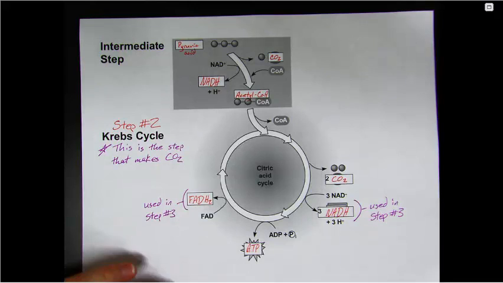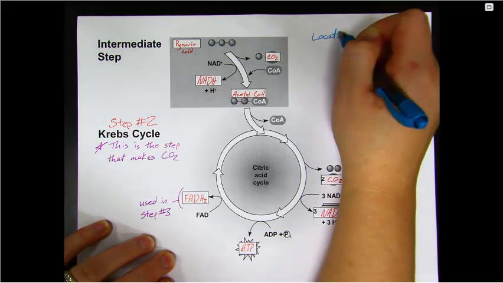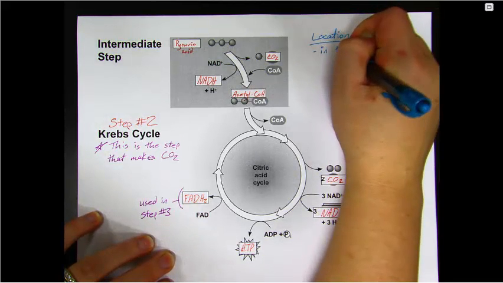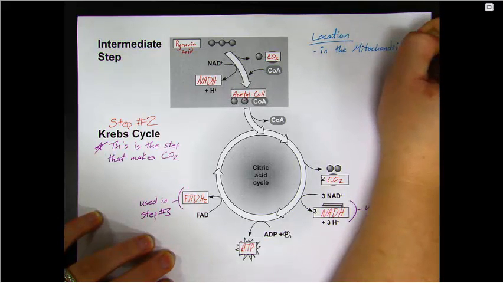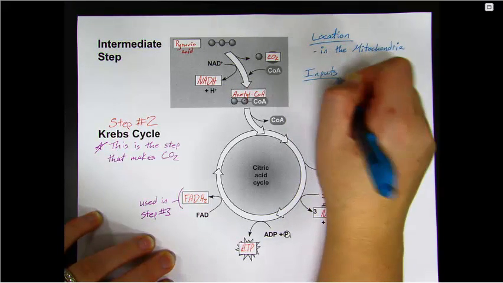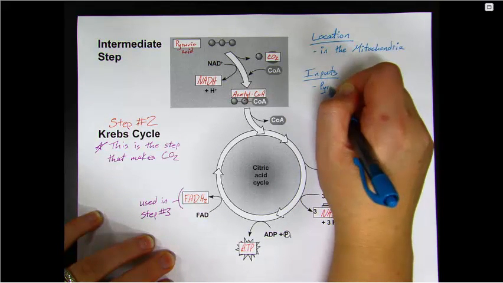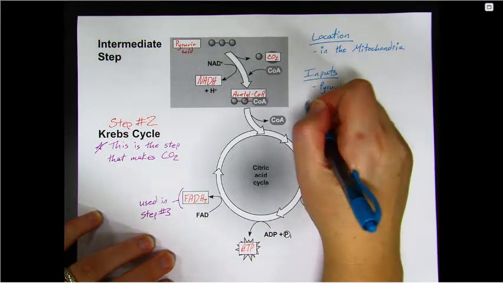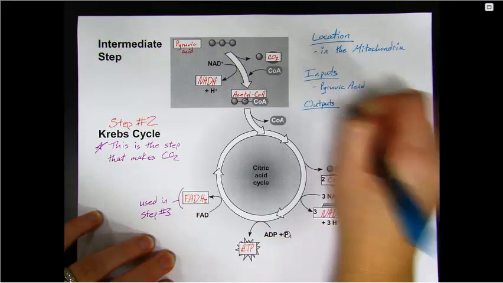So let's fill in our summary over in this space on the right. The location of step number 2 is in the mitochondria. The inputs include those products from our first step, which was pyruvic acid, also known as pyruvate, and our outputs include 4 things.